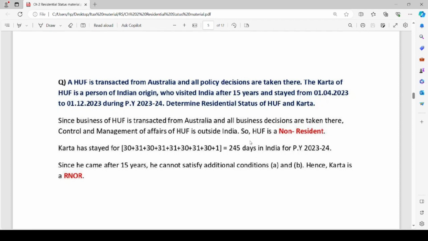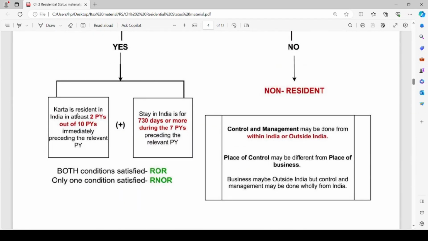Now, it has also been mentioned in the question that the Karta has visited India after 15 years. So, the Karta is not a resident in India in at least 2 previous years out of 10 immediately preceding previous years, and at the same time his stay in India will definitely be less than 730 days during the 7 immediately preceding previous years. He has not visited India since 15 years.